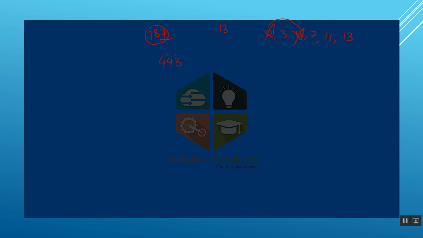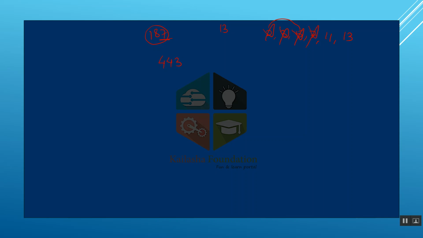So not divisible by 2 or 5. Now divisibility by 3. 1 and 8, that is 9, and 7, that is 16. 16 is not divisible by 3. By 7 we have to divide it actually to check. 7 2s are 14. No, not divisible by 7.